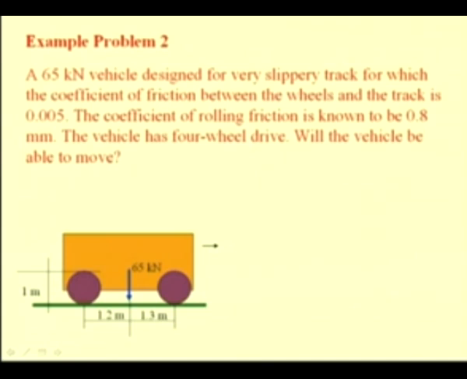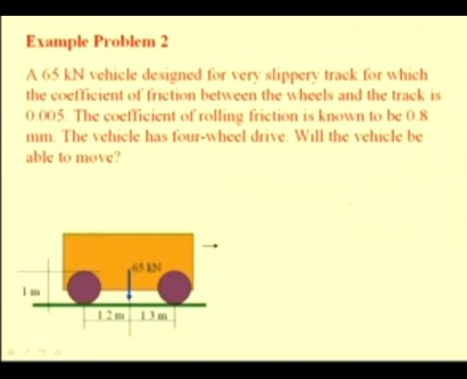In order that the vehicle moves, the thrust developed by this wheel should be less than the maximum friction that is available between the wheel and the track.